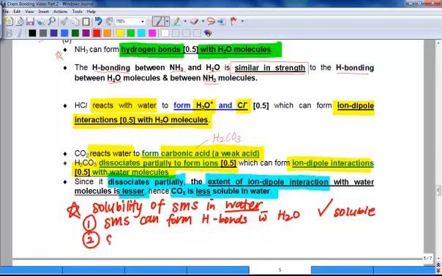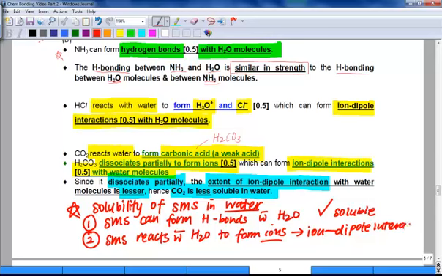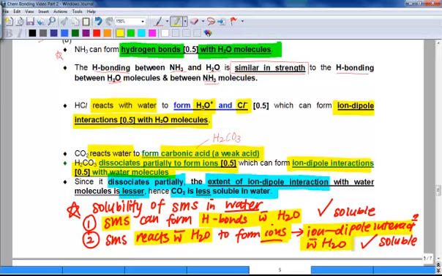And number two, if the SMS reacts with water to form ions, and these ions form ion-dipole interaction with water molecules, we can also say that it is soluble. So as a concluding statement, as long as the SMS can form hydrogen bonds with water, or it reacts with water to form ions, and the ions form ion-dipole interaction with water, the SMS will be soluble in water. This is a general guideline.